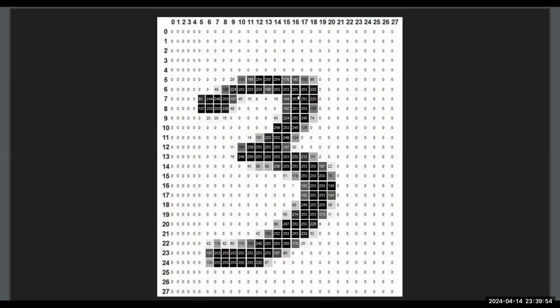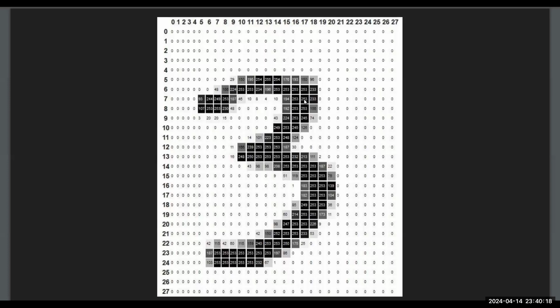And any shade of black, which would be a gray, would be between 0 and 255. And we've got multiple examples here. For instance, if we look at the first row and the 7th column over here, there is no black and it's just a white box, therefore it is a 0.